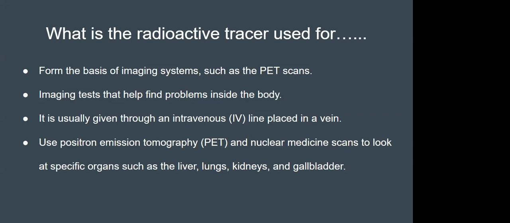The tracer also may be given by mouth or by inhaling it into the lungs. The tracer then travels through the body and may collect in a certain organ or area, and it uses positron emission tomography and nuclear medicine scans to look at specific organs such as the liver, lungs, kidneys, and gallbladder.